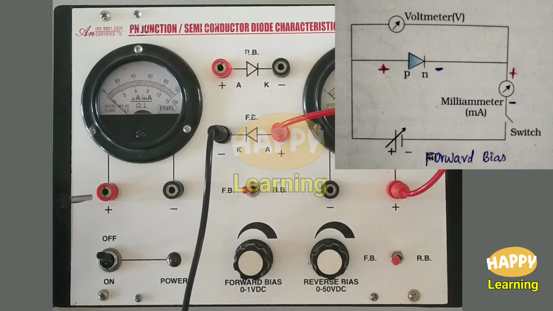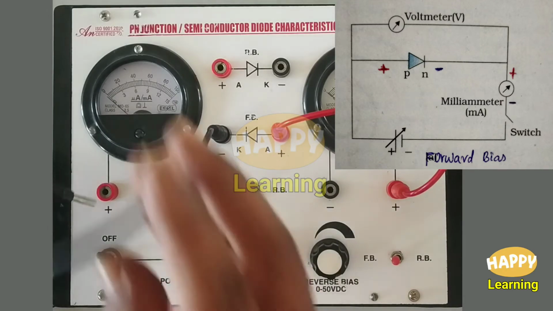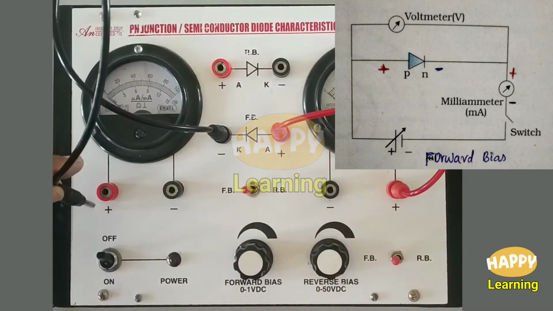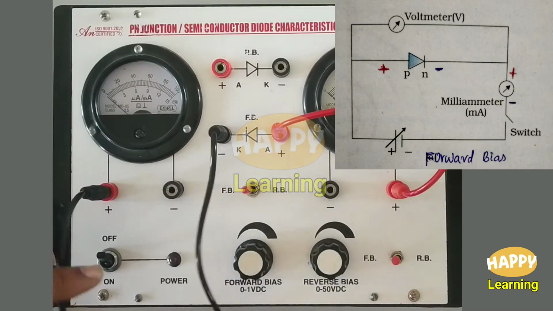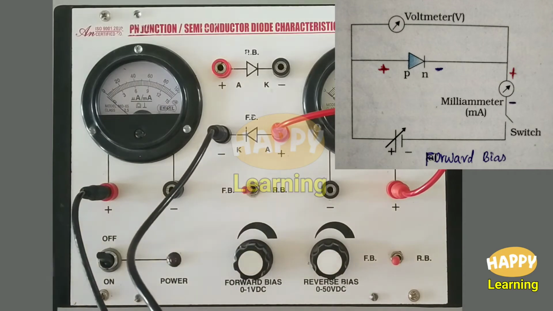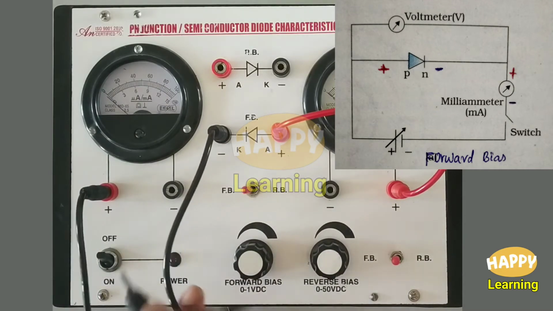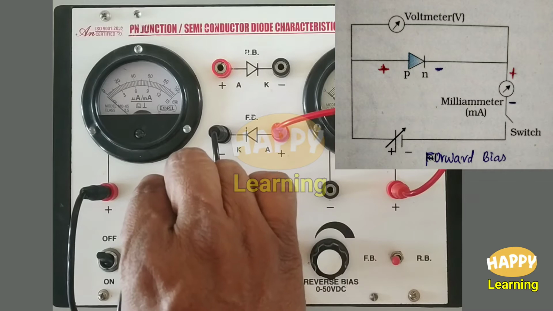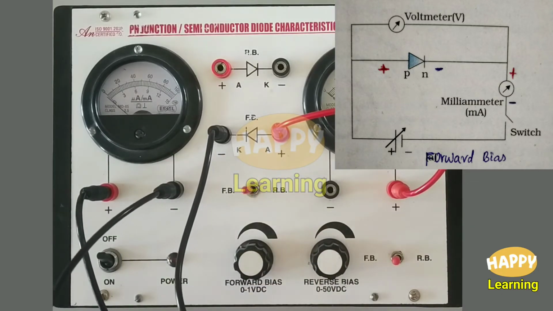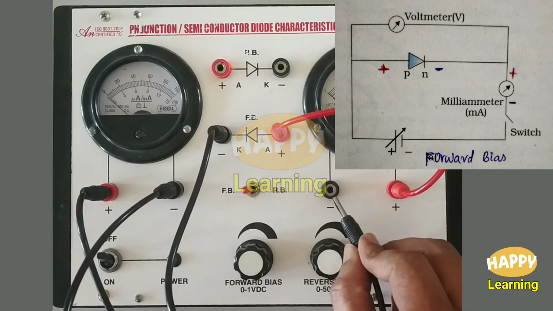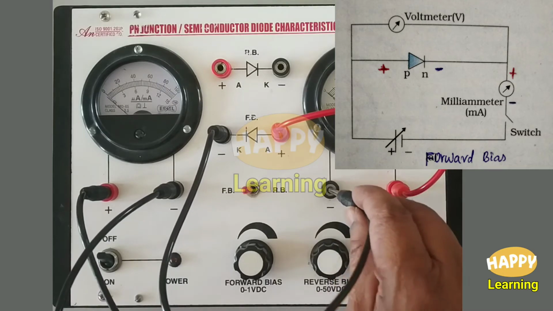The negative terminal of the ammeter is then connected to the negative terminal of the battery.